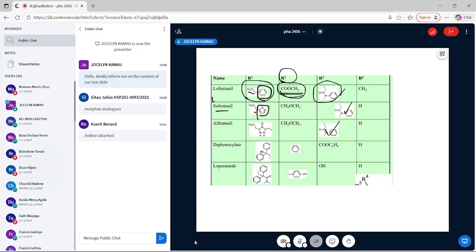The other portion is the same. Now, the major difference is that in sufentanil, the ester found in fentanyl is replaced with an ether. Ethers have much, much more stability, so that compound is more stable than fentanyl. Then the other group is the same, as you can see.